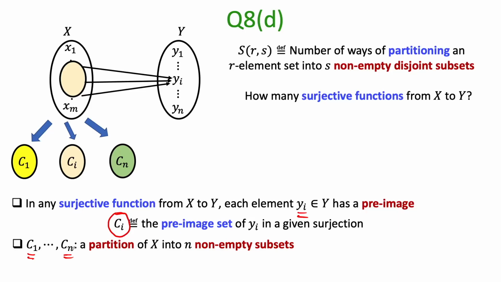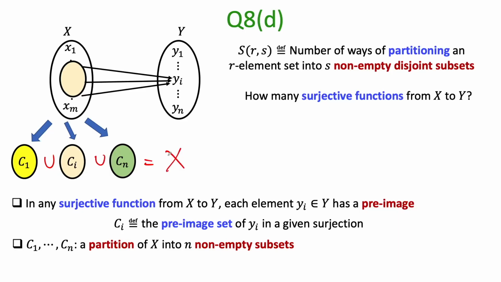Why so? It is easy to see, first of all, that the intersection of these preimage subsets will be the empty set. You can't have an x present in both C1 and, say, Ci. That means you have two possible images for the element x, which is a violation of the definition of any function, right? And it's also easy to see that if I take the union of these preimage sets, I will get back the domain X. Why?